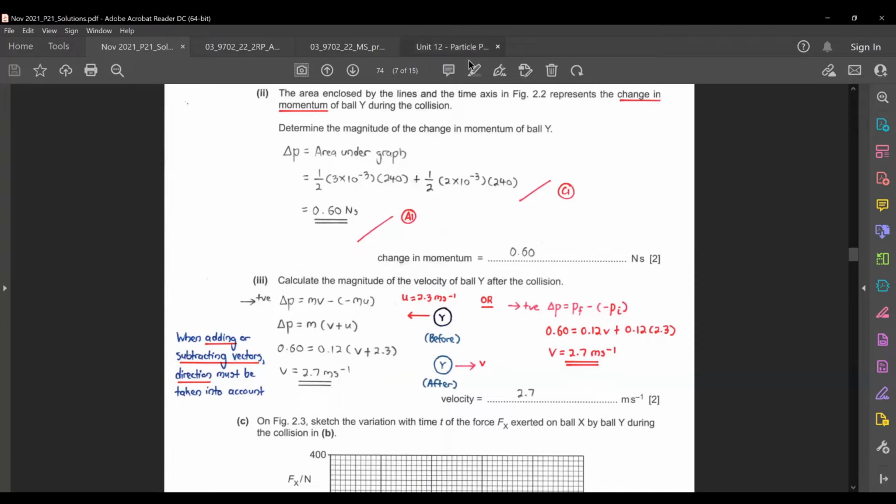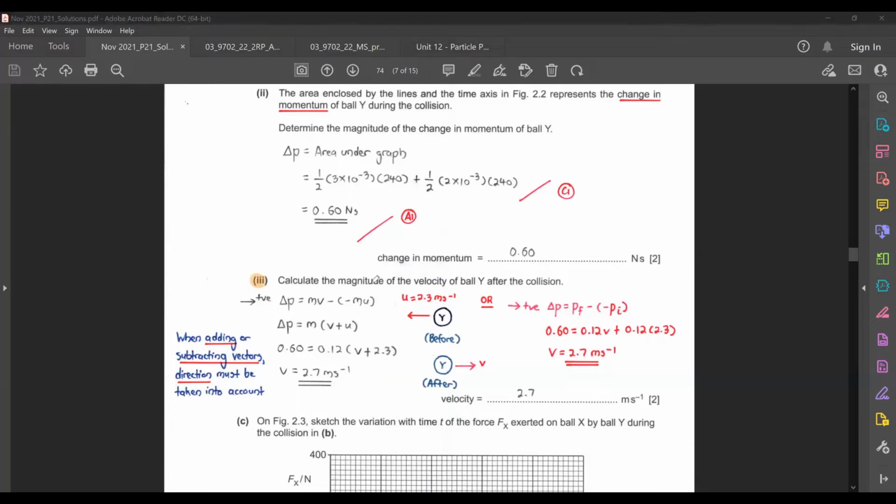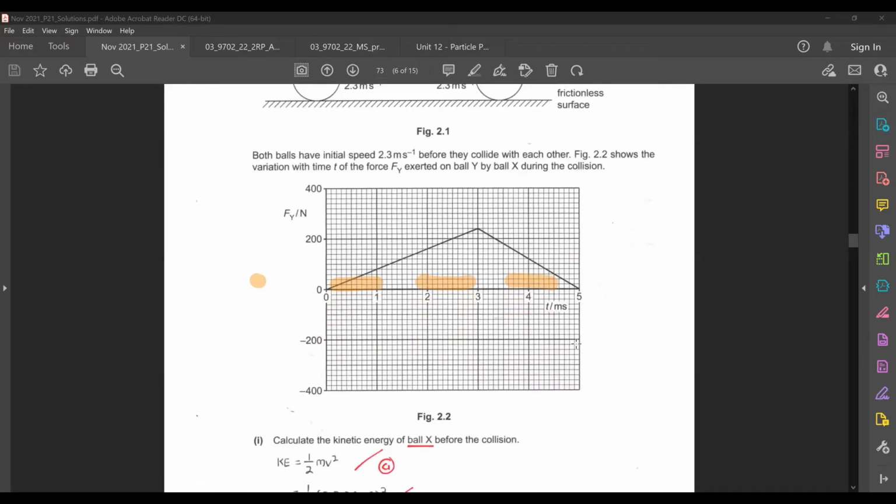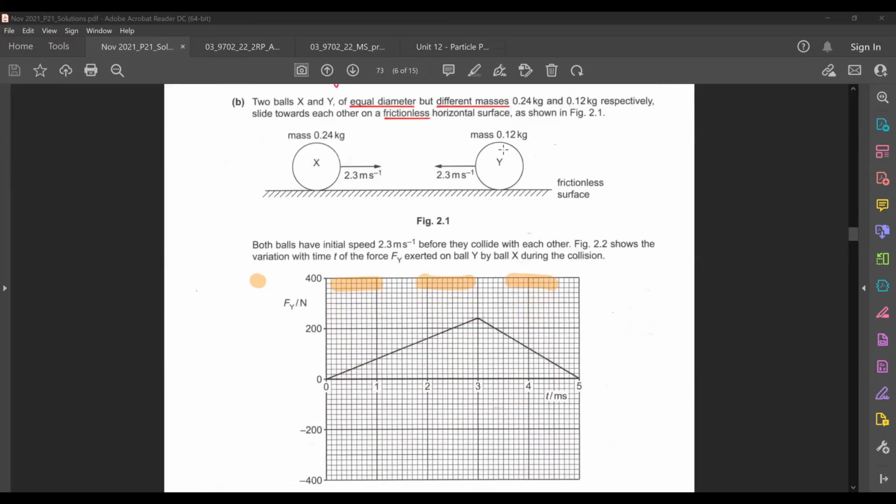Before that, let's just read the question. For part 3, calculate the magnitude of velocity of ball Y after the collision. Here, they want you to calculate the magnitude of the velocity of ball Y after the collision.